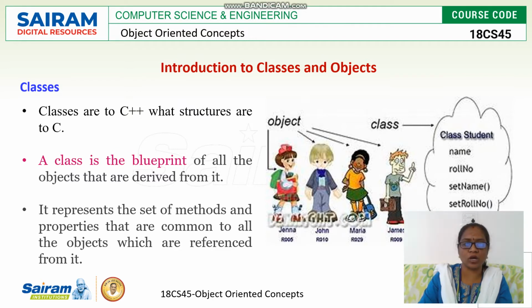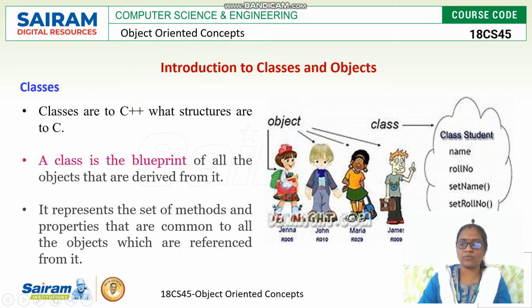This class is called a blueprint, and it consists of a set of methods and properties that are common to all objects which are derived from it, right? So here the name and roll number are the properties, and set name and set roll number are the two methods. These properties and methods are common to all the objects which are derived from that class.